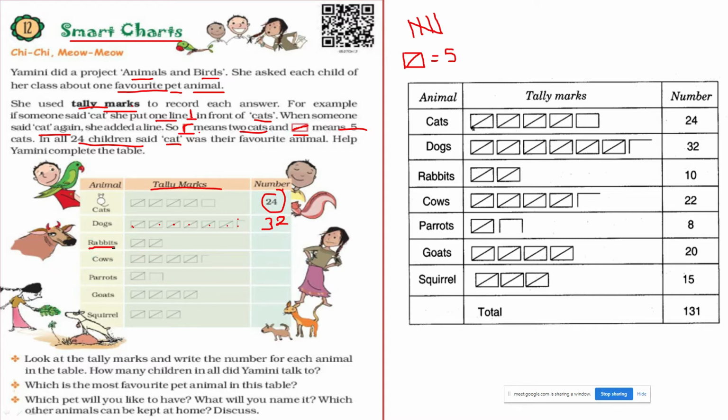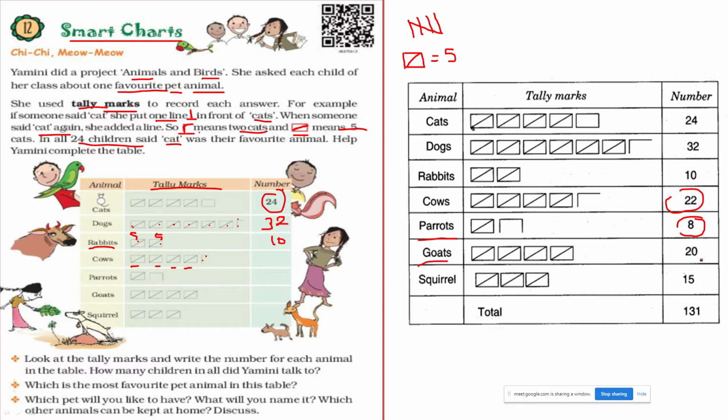Rabbits, somebody said 5, another 5 tally mark, 5 plus 5, 10. Cow, some students in the class said 5, 10, 15, 20, 21, 22. Here you see 22. Like that, parrots, only 8 children said their favorite animal is parrot.